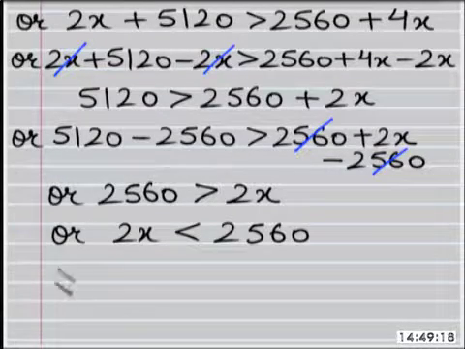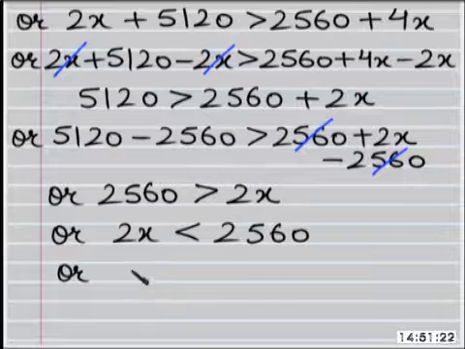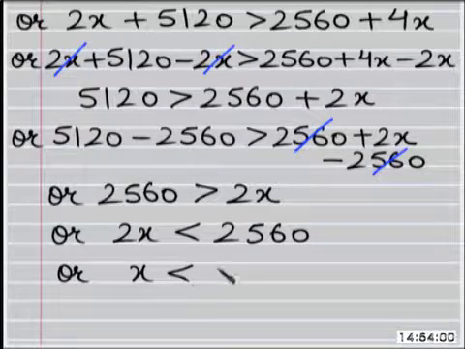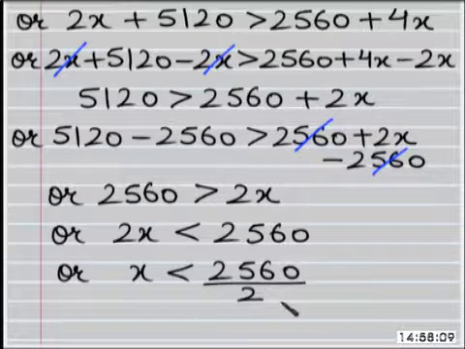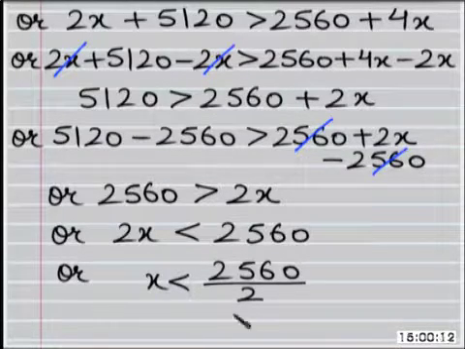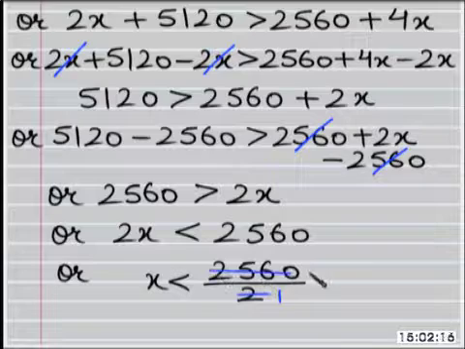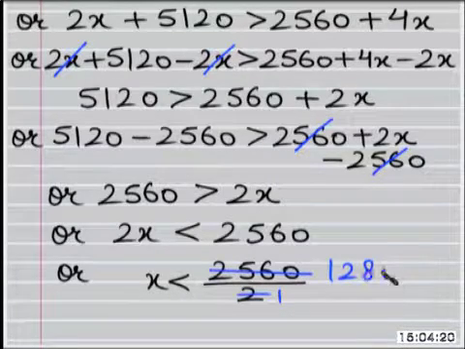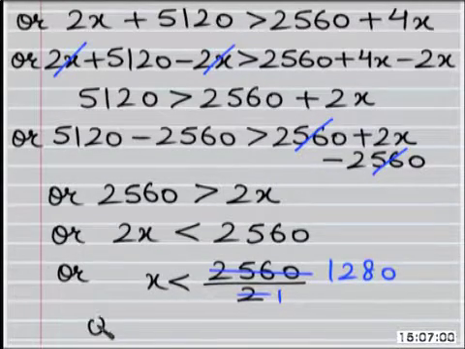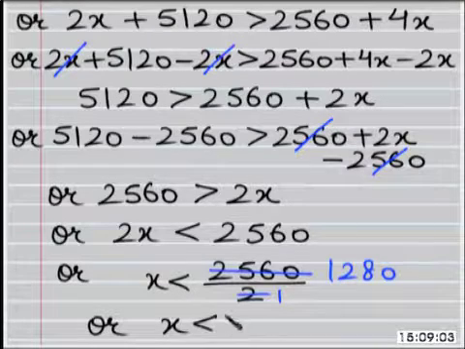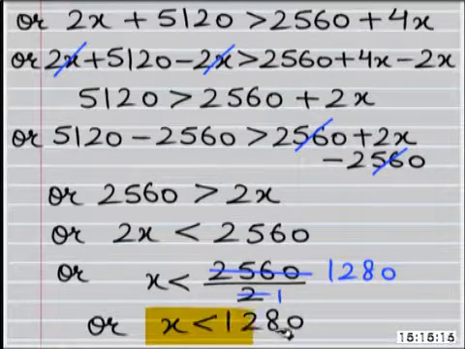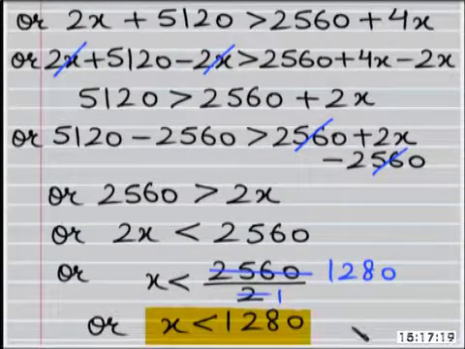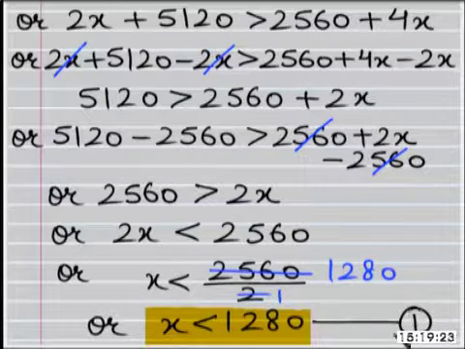Dividing both sides by 2, we get x is less than 2560 upon 2. On solving it, we get x is less than 1280. We name it as equation number 1.